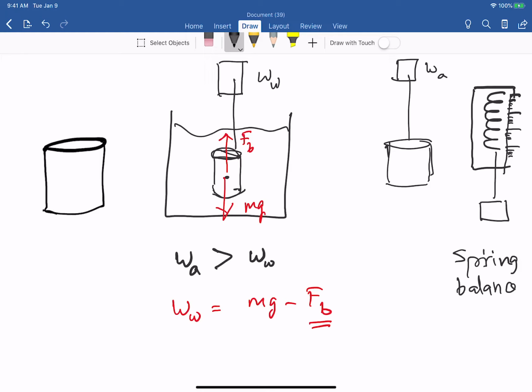Let's say that the cross-sectional area of the object is A. Notice that the upper face of the object is encountering a pressure P1, and the lower face of the object is encountering a pressure P2, right?